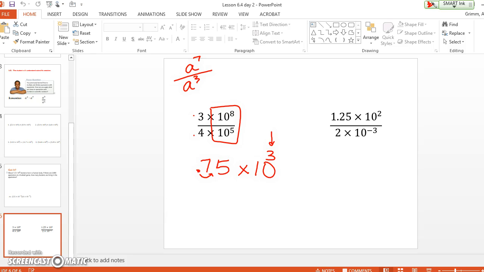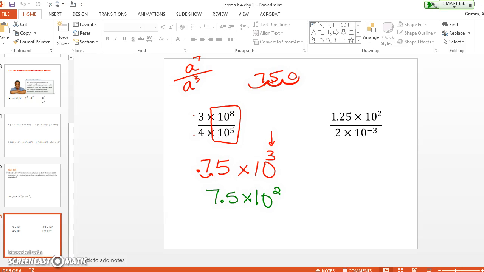They moved it too many times, right? Because remember, this number would really be 1, 2, 3. It's really 750. So they really should have only moved it 2 times to get you back to here. So really this should be 7.5 times 10 to the second. Okay? Good? Oh, that's a thumbs up.